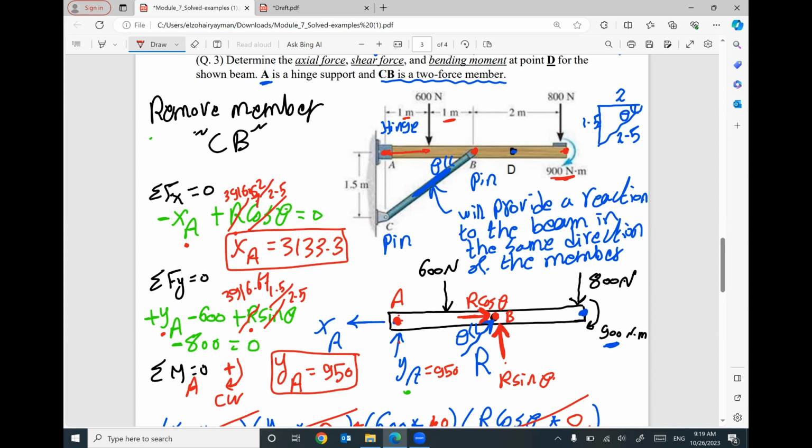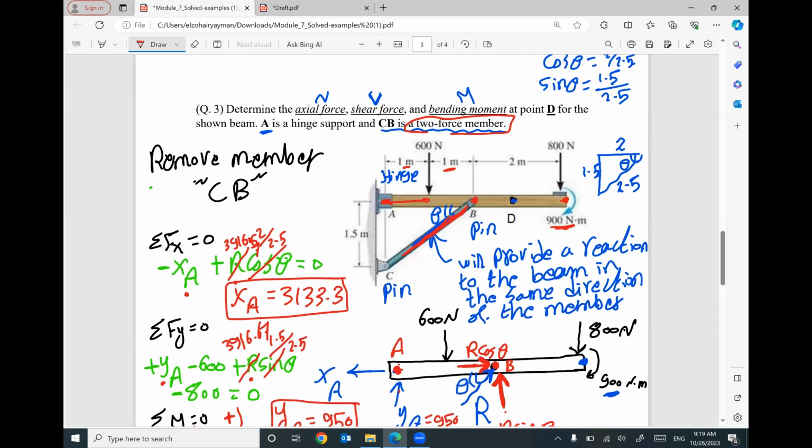I found the force in the inclined member, which is called a two-force member. Now, I need to figure out the internal forces, axial force, shear force, and the bending moment at point D. The next step, I will do a cut.